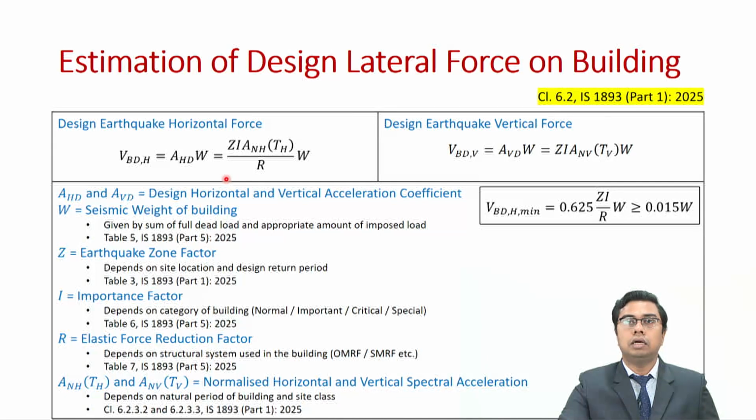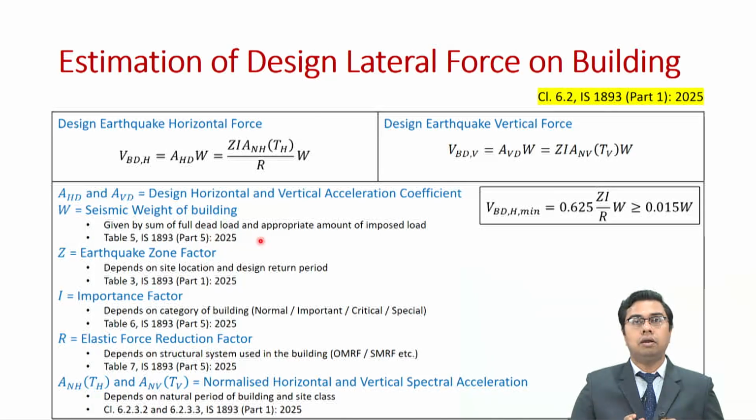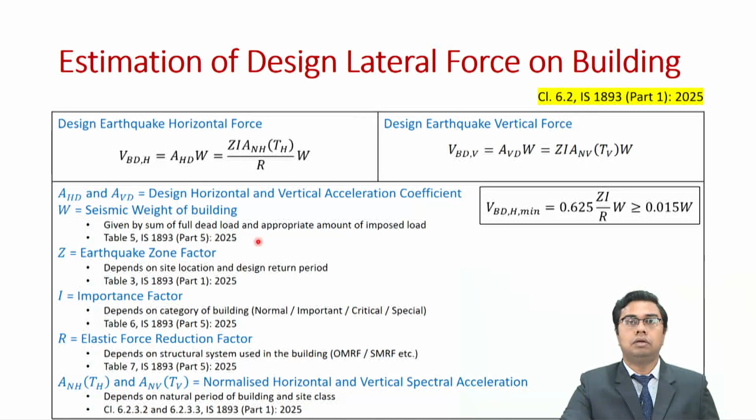So, the design earthquake horizontal force VBDH shall be given by AHD times W, where AHD is the design horizontal acceleration coefficient and W is the seismic weight of the building. We will look into the seismic weight of the building further in this class, and it is given by the sum of all the dead loads on the building and an appropriate amount of imposed load. This is given in Table 5 of IS 1893 Part 5, 2025.